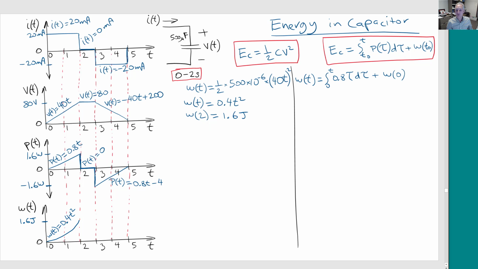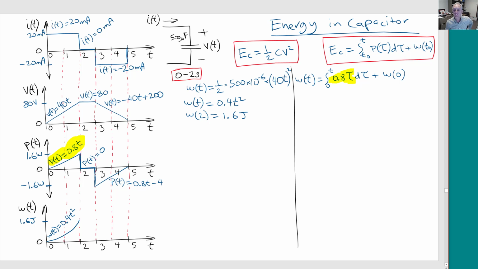What about doing it with the integral method? So we have the energy being equal to the integral of the power, so 0.8. And where is that coming from? 0.8 tau, actually. So 0.8t, that's the power. That's what we found as the power in that first piece.